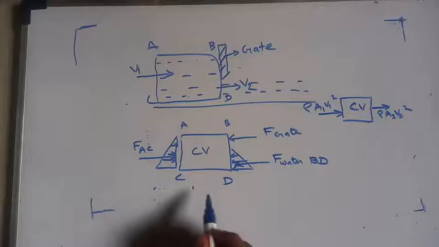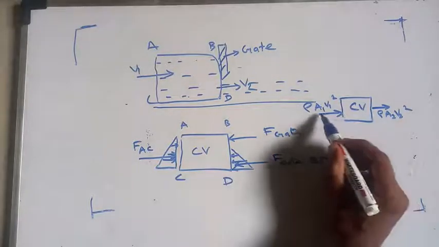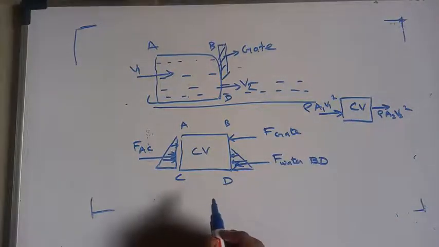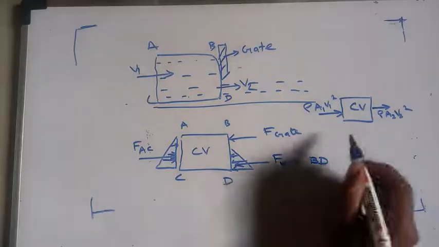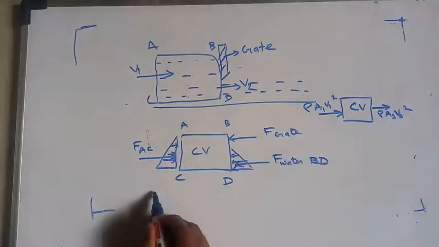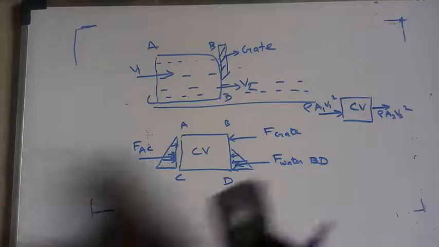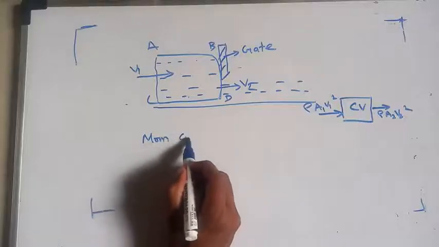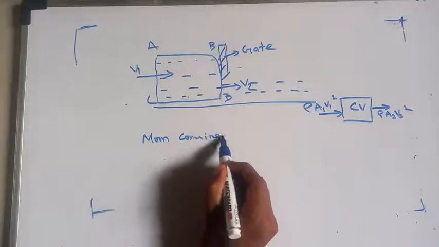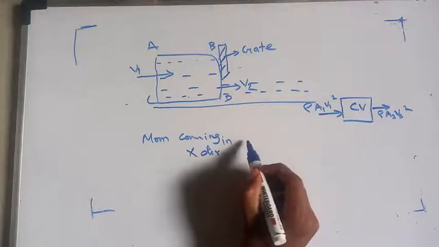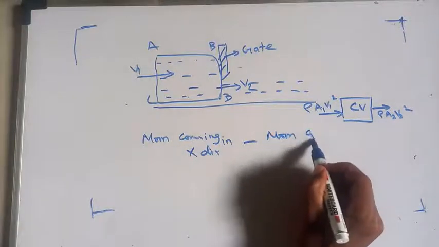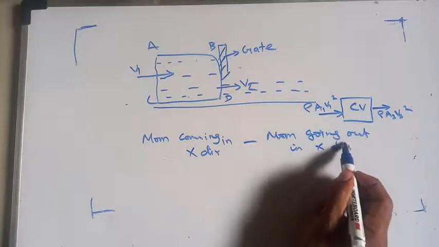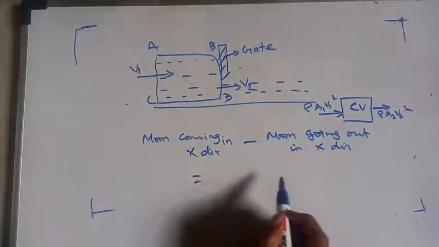This is momentum coming in x direction, this is momentum going out in x direction. As per momentum, rate of change of momentum: momentum coming in x direction minus momentum going out in x direction should be equal to all external forces in x direction.